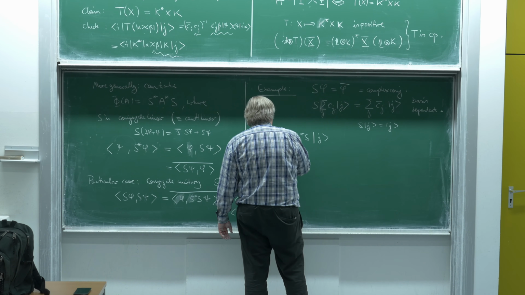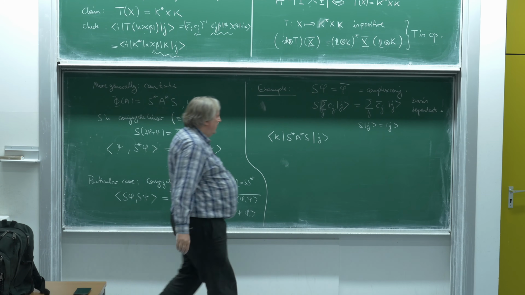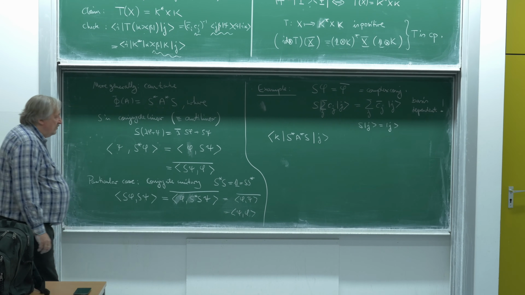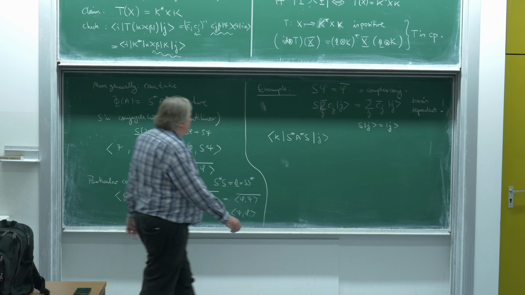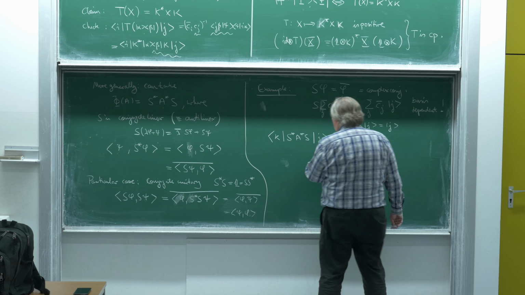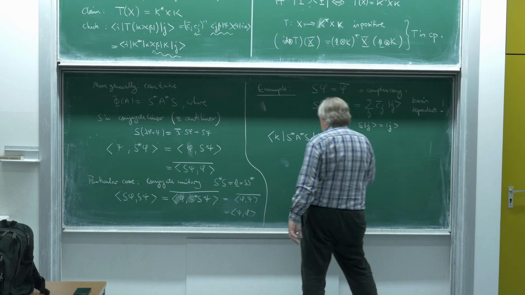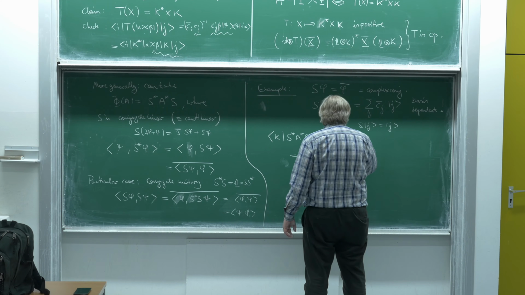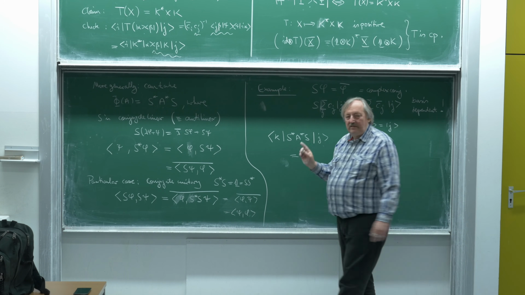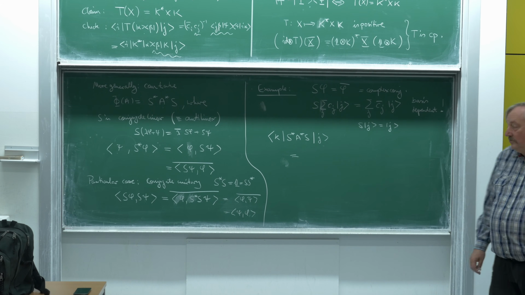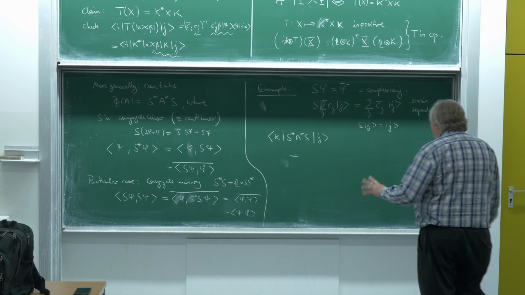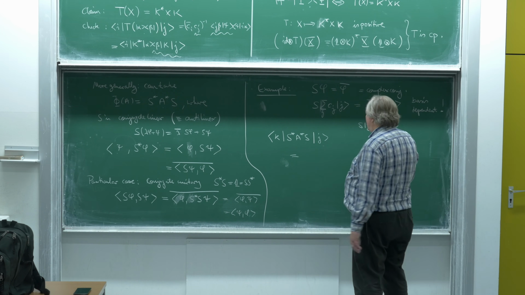a general matrix element, call it j, k. Okay? Well, what could this be, right? So S acting on e_j gives nothing. Well, now this is a computation in the basis for which S is real. Or, take a real basis, one with this property. Okay?